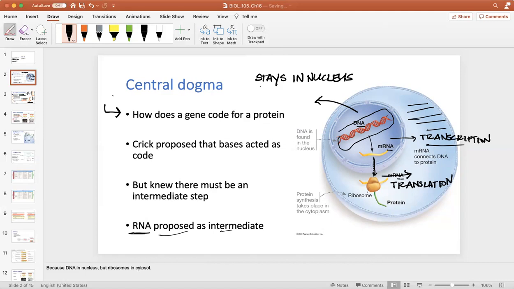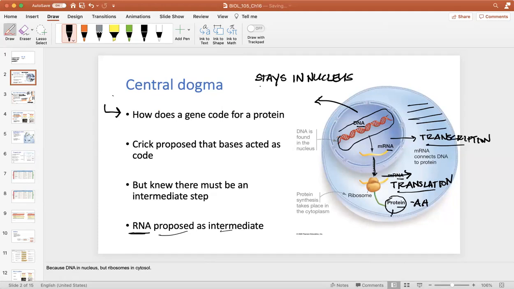So you're moving from the language of nucleic acids to the language of proteins, which remember, those are encoded by amino acids, right? So we've changed languages here. We've translated, okay? So we've got transcription, which copies the DNA into mRNA. The mRNA can then leave the nucleus and travel to the cytoplasm where we have ribosomes. Ribosomes take this mRNA message and they turn it into proteins via this process of translation.